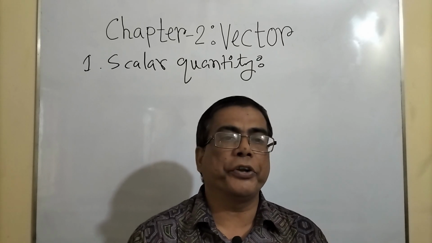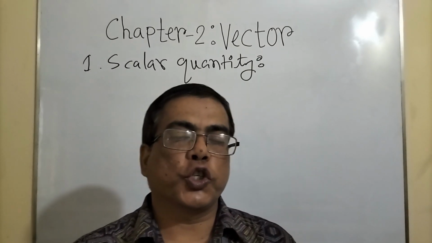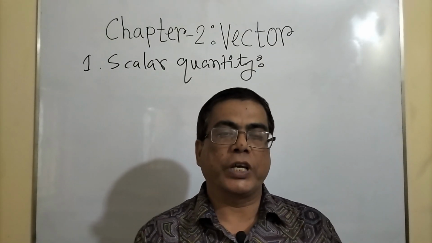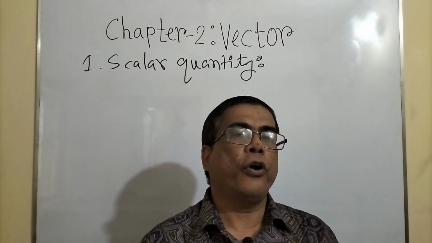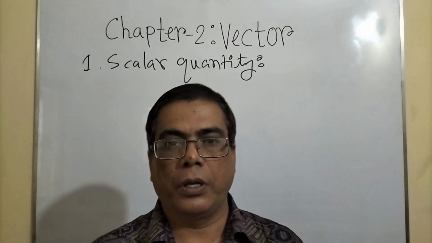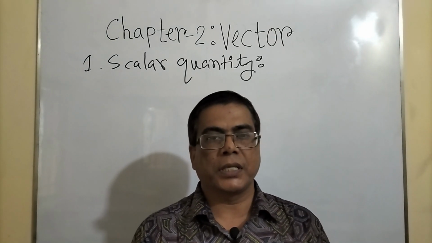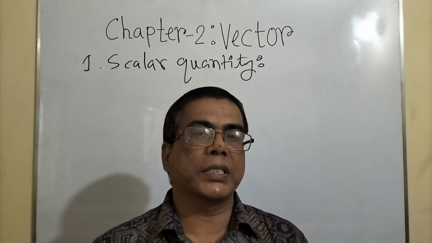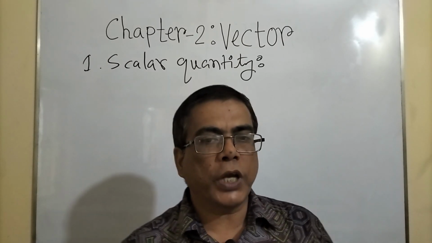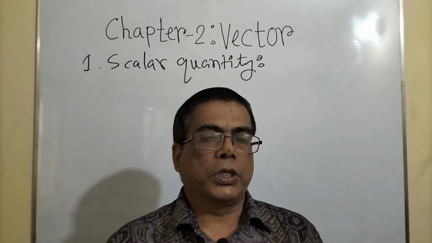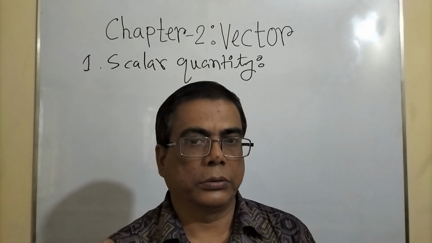When a scalar quantity is in one-dimensional space, in two-dimensional space, or in three-dimensional space, how many numbers are required to represent a scalar quantity? Already we have known it just needs a number.